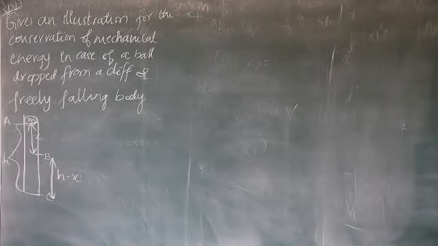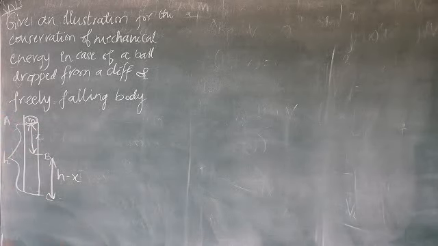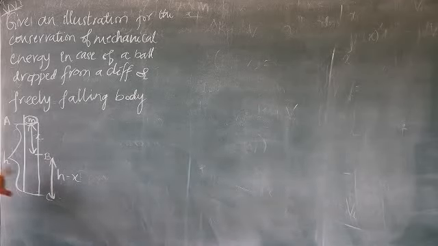Initially, it is at the height h, that is at the point A. Let us drop it from the height h. When it reaches the point B, let the height from A to B be x. And when it reaches the point C, from B to C, let the height be h minus x.